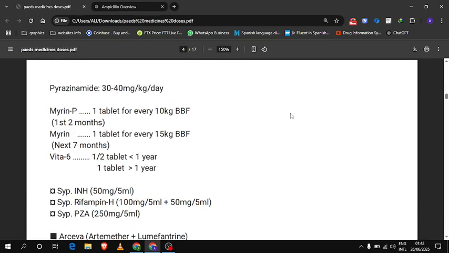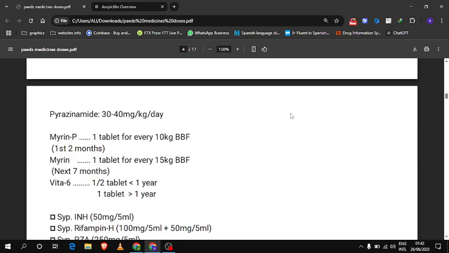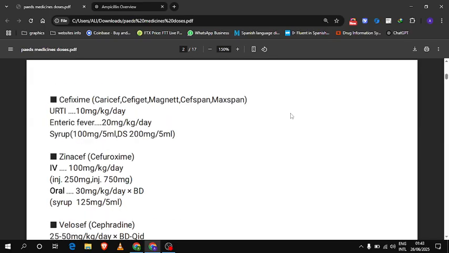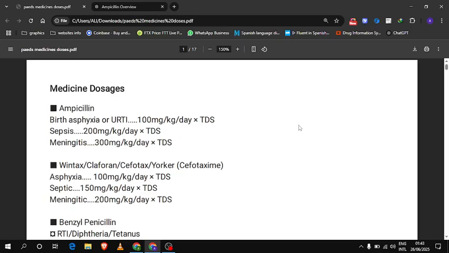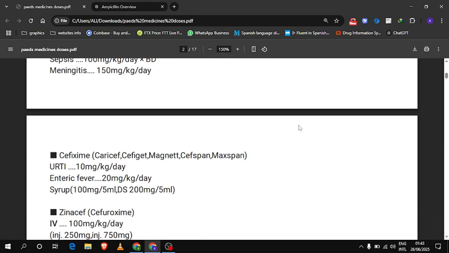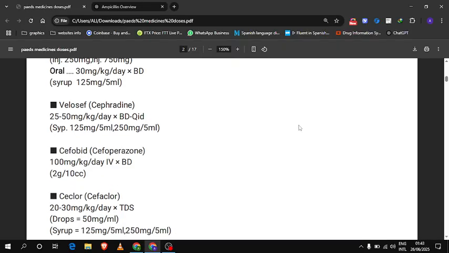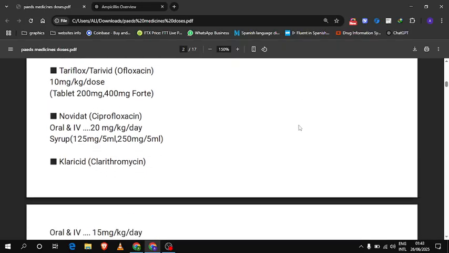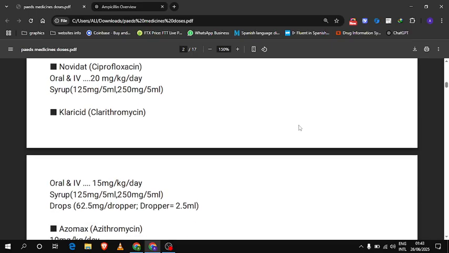The next is Claricid, clarithromycin. It is very commonly used for respiratory tract infections, mostly lower respiratory tract infections.